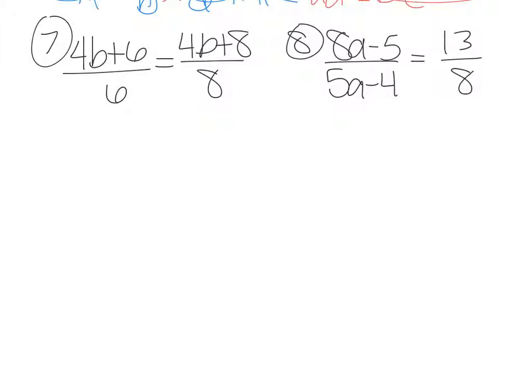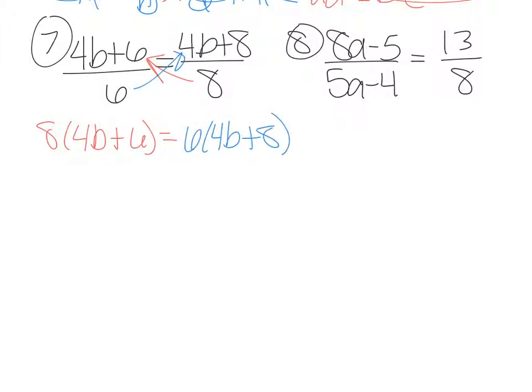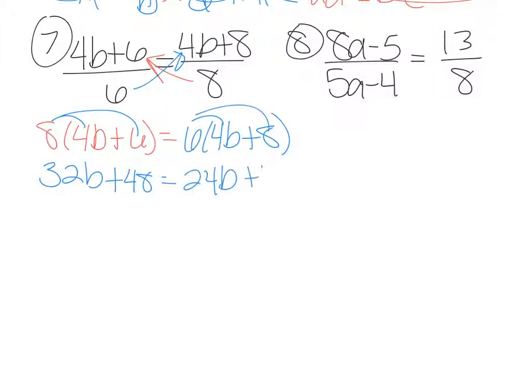Some people on number 7, this one can be kind of tricky, because when I do my cross products here, and I take 8 times 4b plus 6, and set that equal to 6 times 4b plus 8, and then I go through and distribute, we get 32b plus 48, and then we get 24b plus 48.